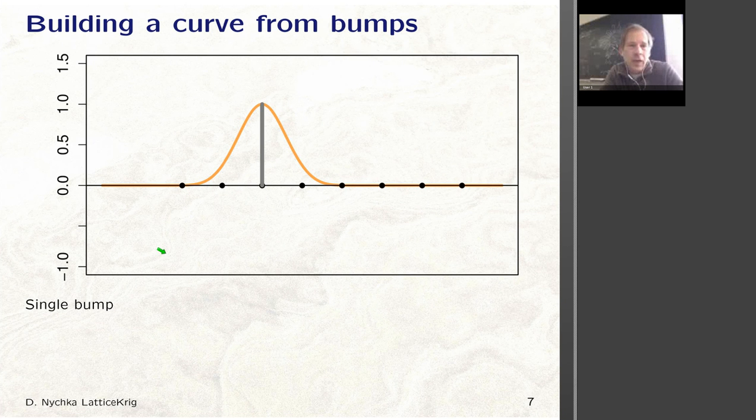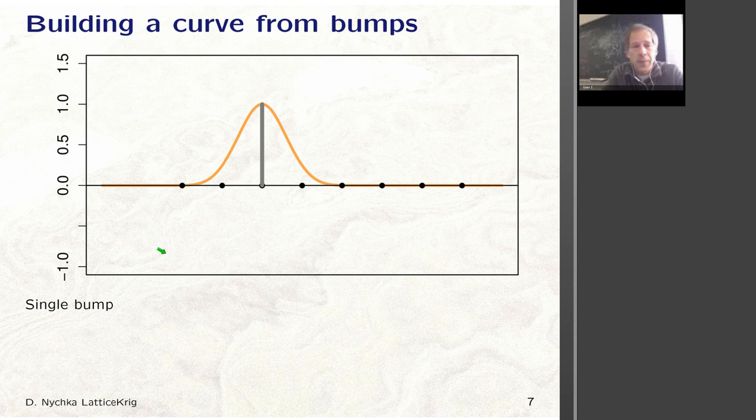But let me just give you a heuristic of this, and I'm doing this for a little bit of a devious reason. This is a route to building a spatial model which may seem really different than writing down a covariance, and that's sort of what I wanted to emphasize.